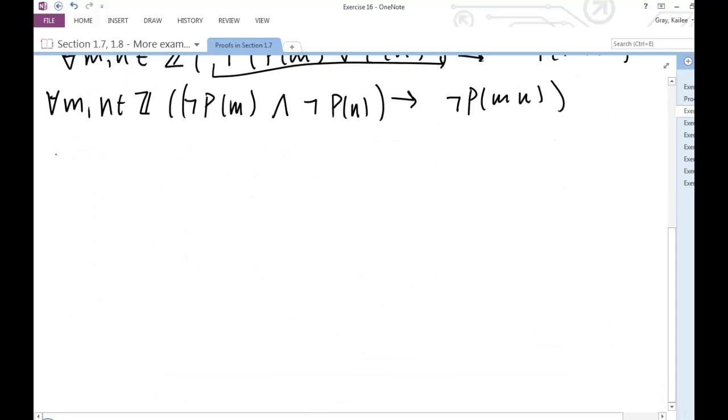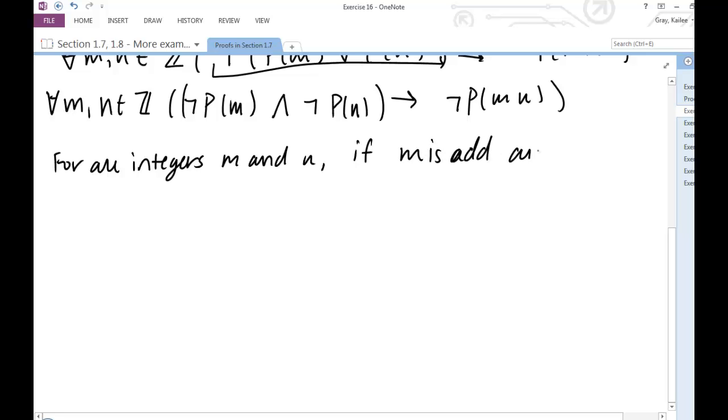So this means for all integers m and n, if m is odd and n is odd, then mn is odd.